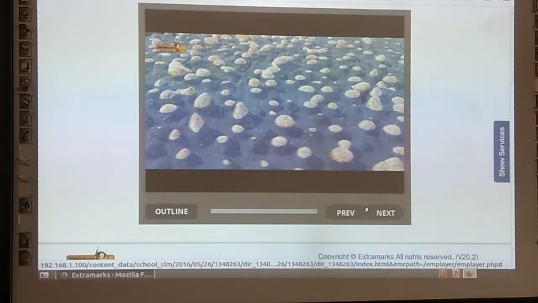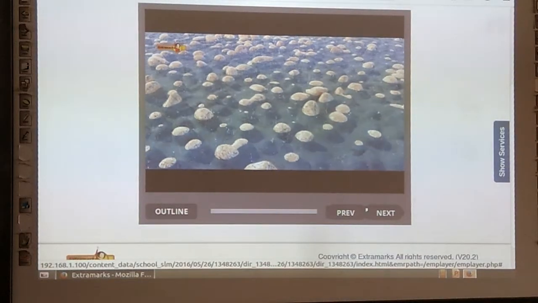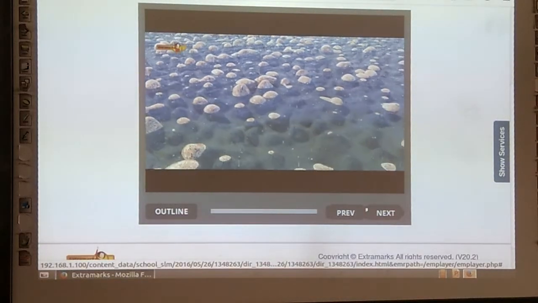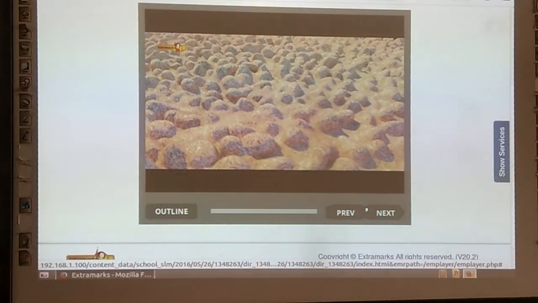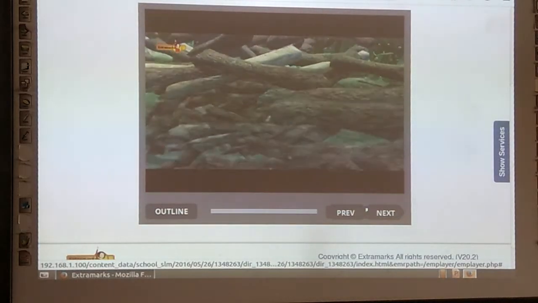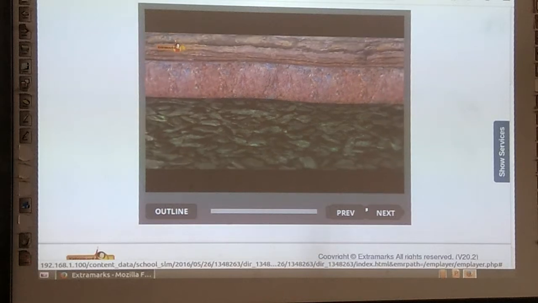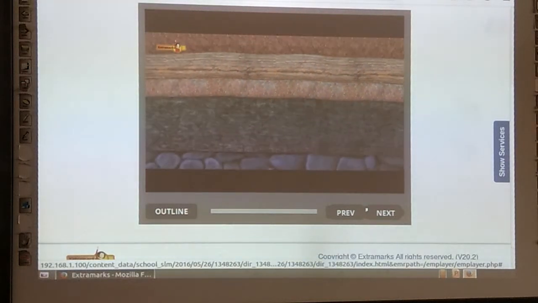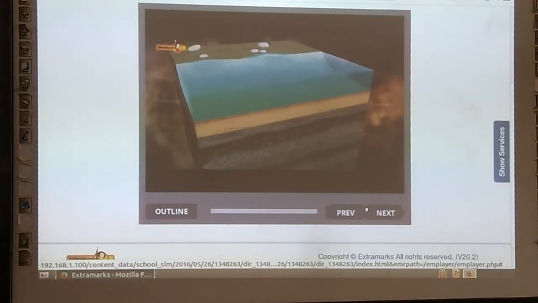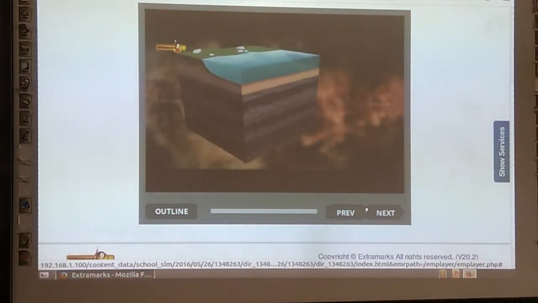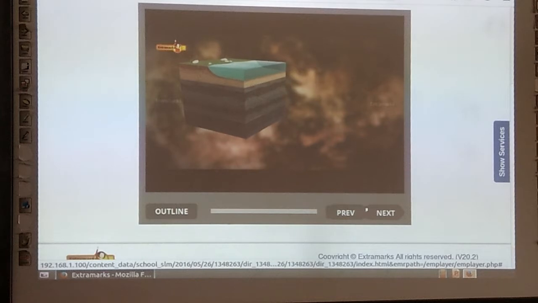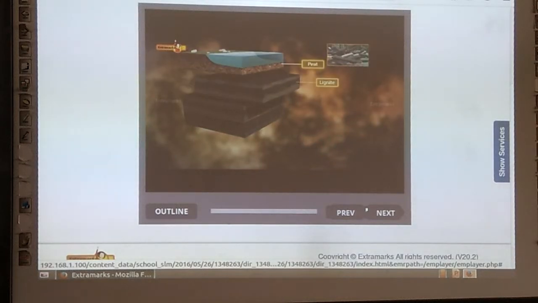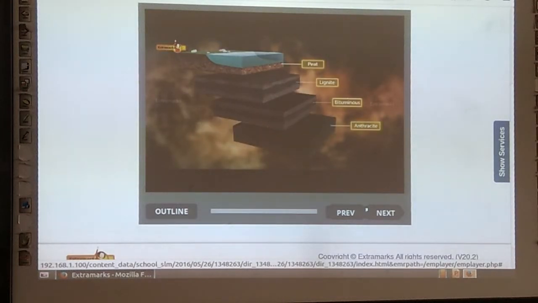Chemical sedimentary rocks such as rock salt form when dissolved materials precipitate from solution. Organic sedimentary rocks such as coal and some limestones form from the accumulation of plant or animal debris. Examples of coal in order of the degree of compaction and alteration include peat, lignite, bituminous, and anthracite.